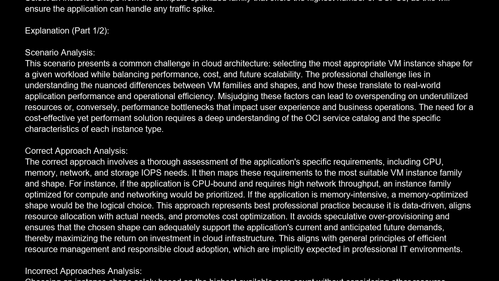It avoids speculative over-provisioning and ensures that the chosen shape can adequately support the application's current and anticipated future demands, thereby maximizing the return on investment in cloud infrastructure. This aligns with general principles of efficient resource management and responsible cloud adoption, which are implicitly expected in professional IT environments.